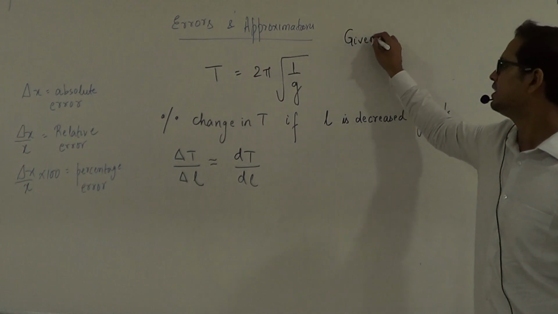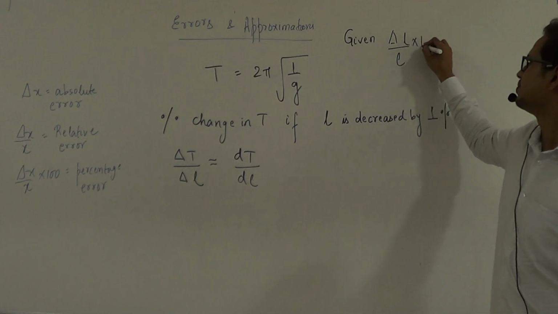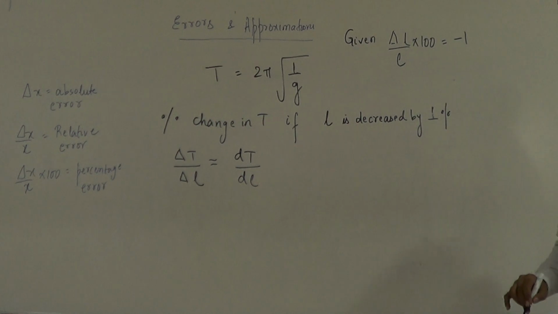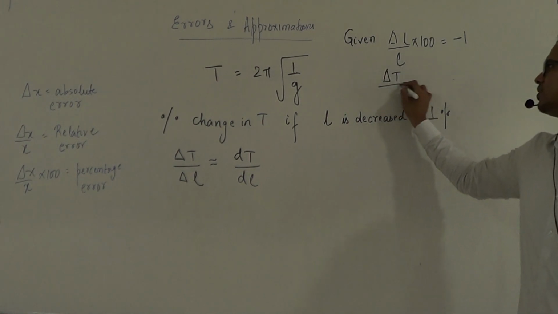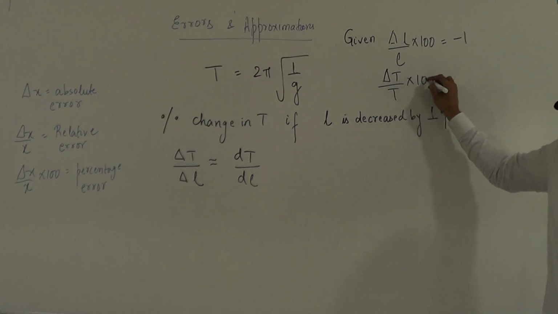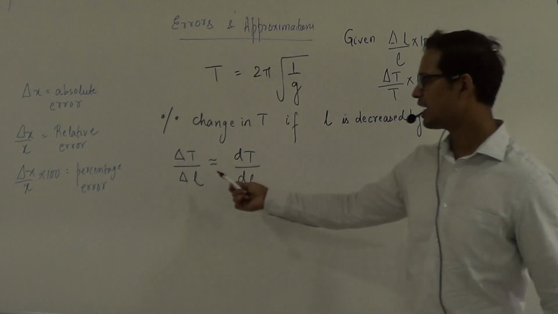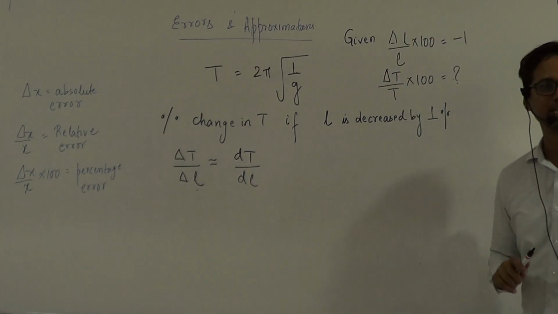The question mentions delta L by L into 100, which is how much? Minus 1, it's a decrement. And the question is asking what is delta T by T into 100. So I will use this fact that delta T by delta L is approximately equal to dT by dL.